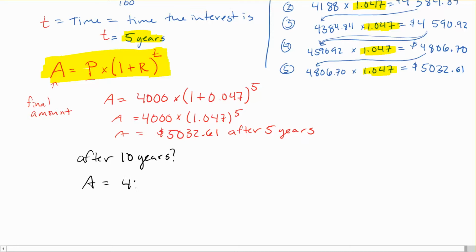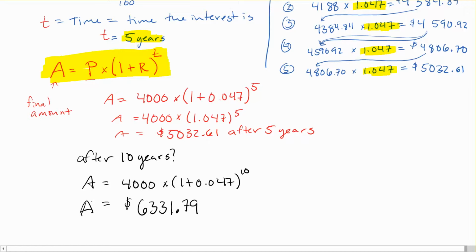The principal was 4,000 that he put in, times 1 plus the rate, 0.047, to the power of 10 because it's 10 years. So when we do this in our calculator, we get $6,331.79.